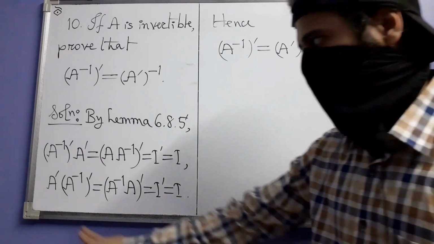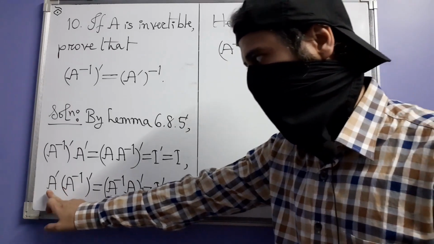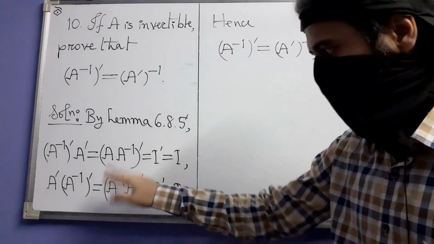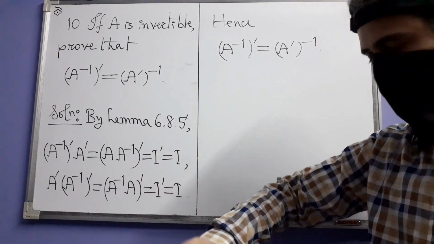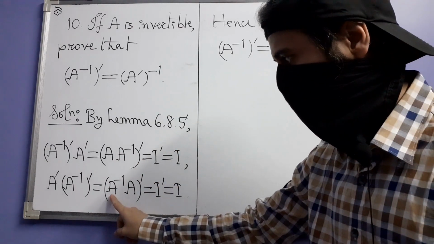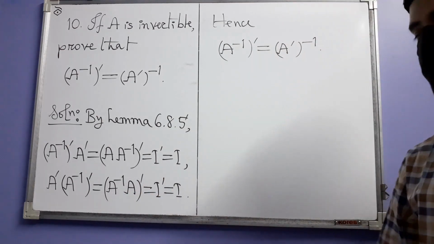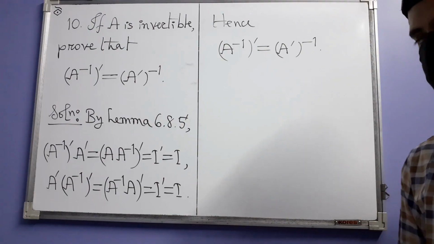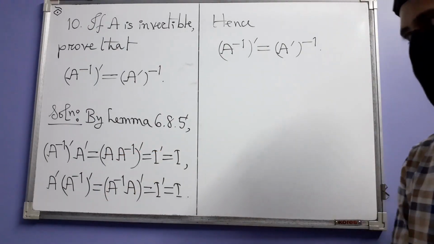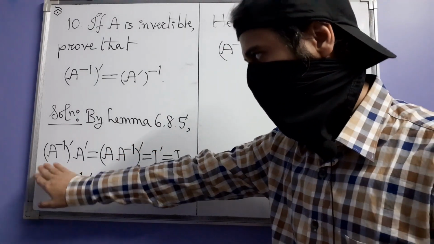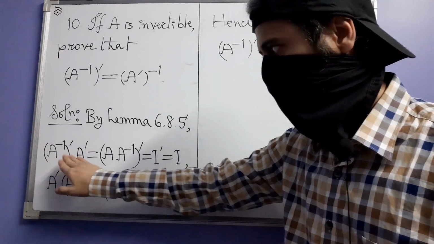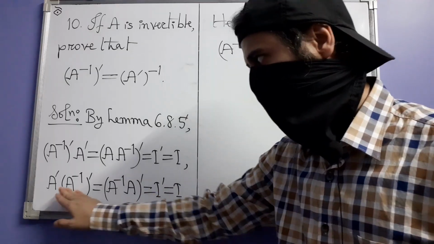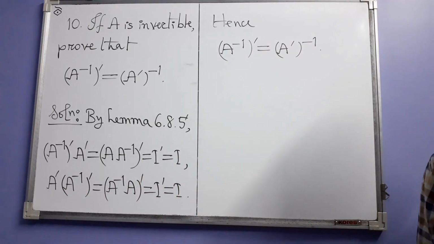In a similar manner, if you instead consider this product, A transpose times A inverse transpose, again you get the transpose of the product, but the order gets changed. A inverse comes first and then A. So again you get identity matrix transpose, which is identity matrix. So these two equations mean one of them is this times this equals the identity matrix, and the other one is this times this equals the identity matrix.